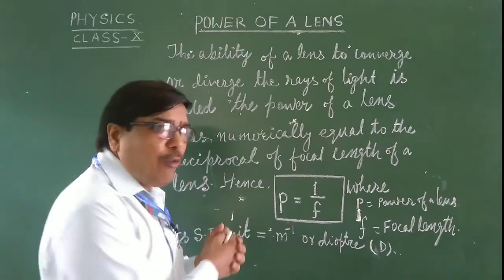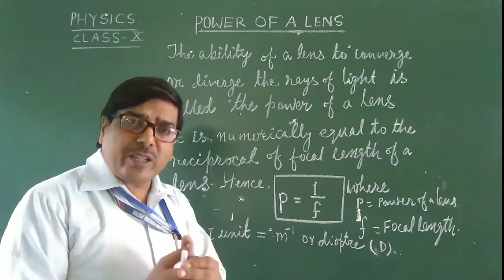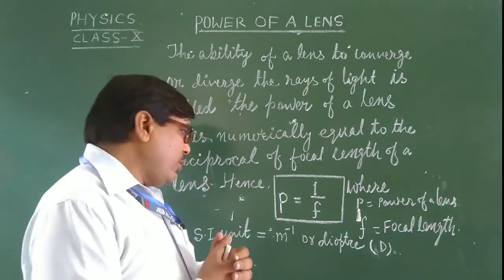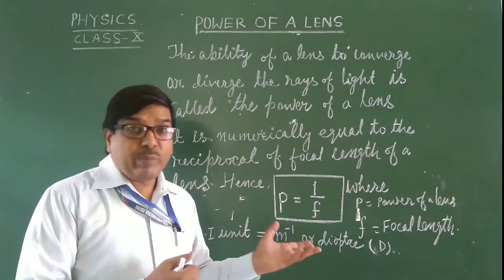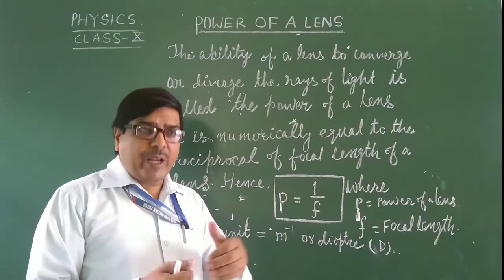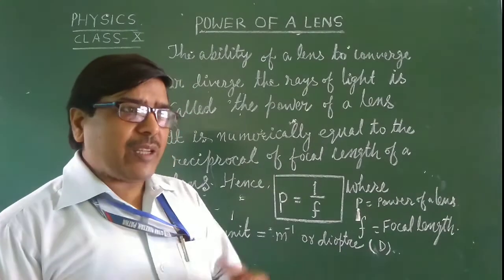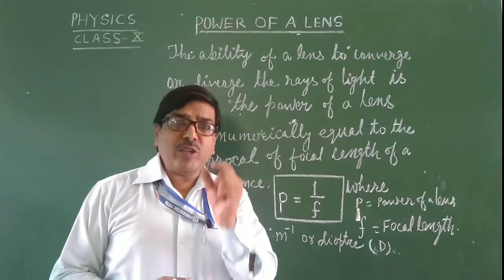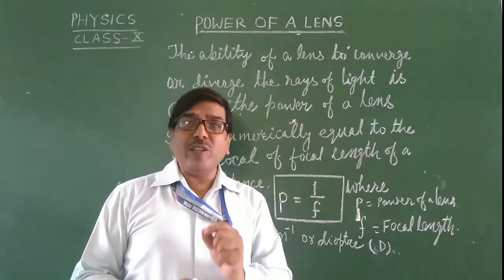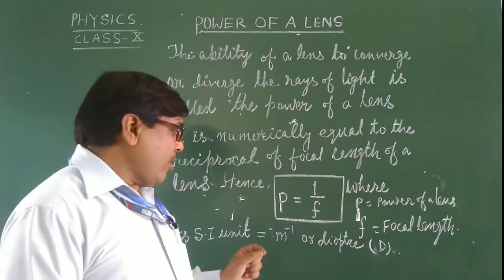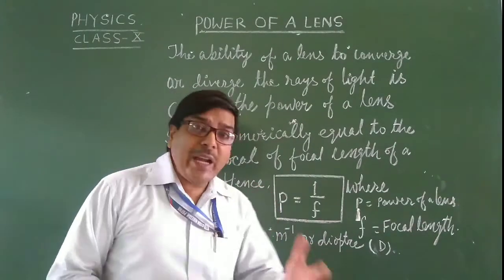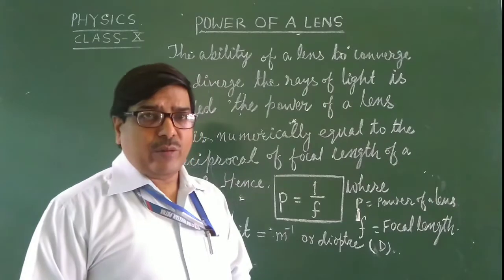And the power of a lens is measured by an instrument which is called a diopter meter. When the power of a lens is measured, an instrument is used. That instrument is known as diopter meter.